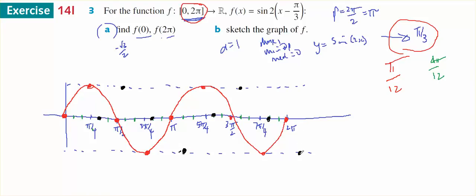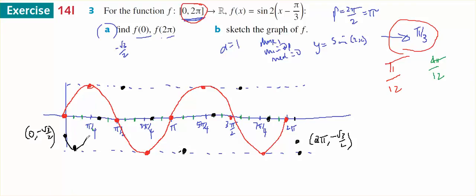So this turning point is 1/12 to the right of 2π. This turning point is 1/12 to the right of π. Therefore, a turning point will come back in at that point there. I know that I finish at 2π and −√3/2, and I know that I start at 0, −√3/2.